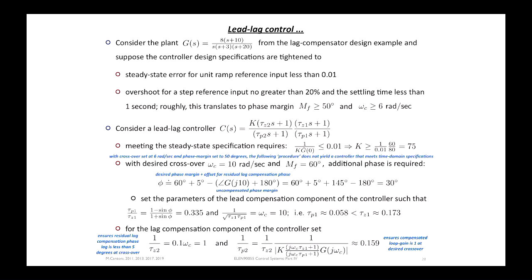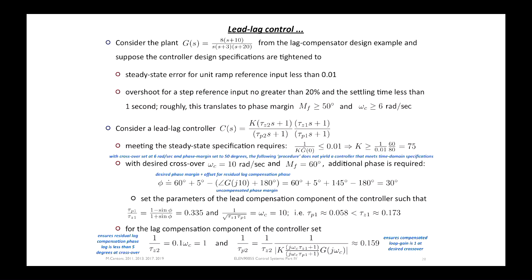So this is how much extra we need. We're accounting for the fact that the lag part of the compensator is going to decrease the phase margin, right? So we're going to have to add something from the lead part to cancel that out, as well as give us the amount needed to achieve 60 when we're only getting this much from the open loop plant.